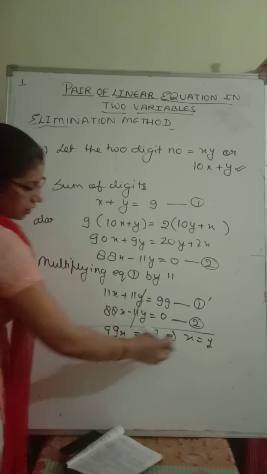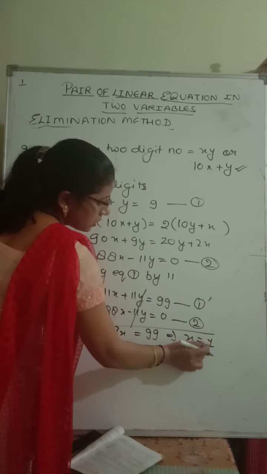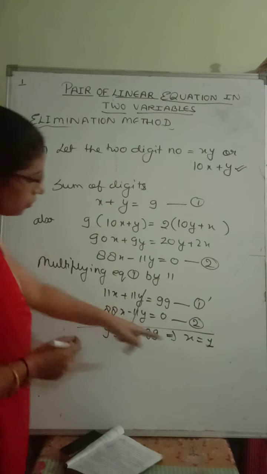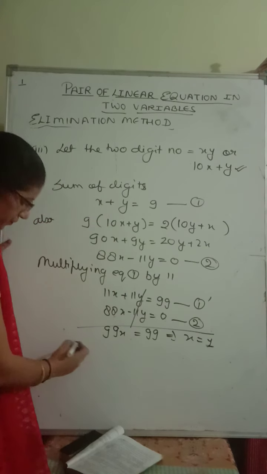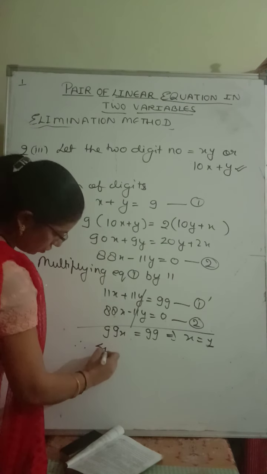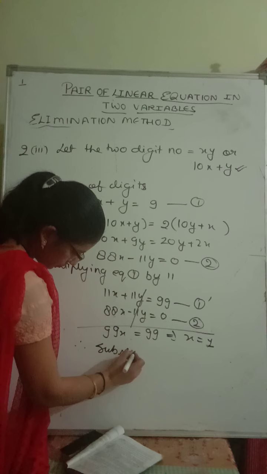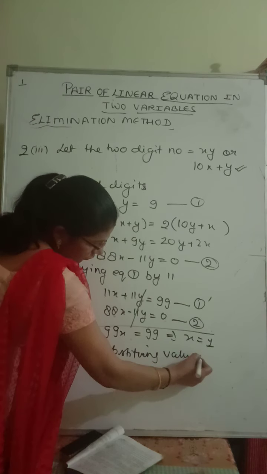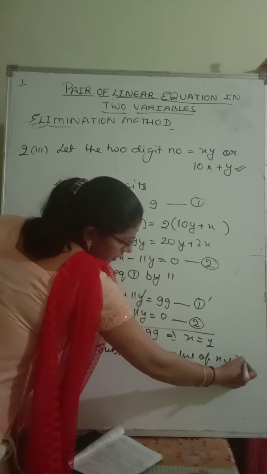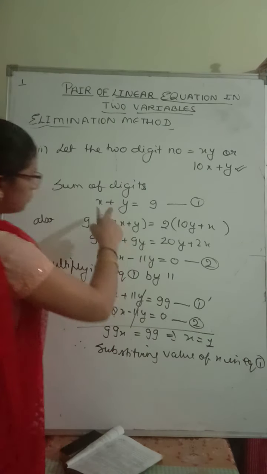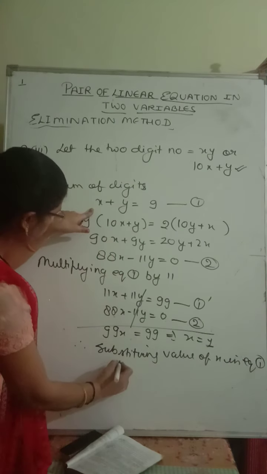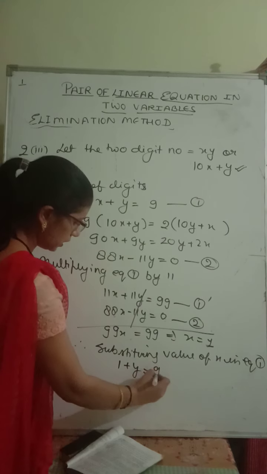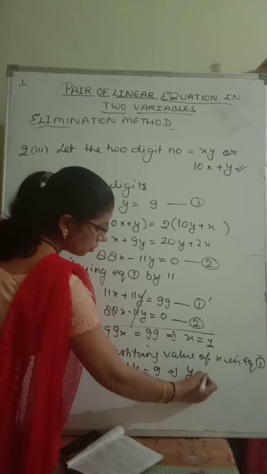अब x 1 आ गया, so you have to put the value of x in equation number 1. Therefore, substituting value of x in equation 1. What is equation 1? x + y. What is x? 1 + y is equal to 9, which shows y is equal to 8.